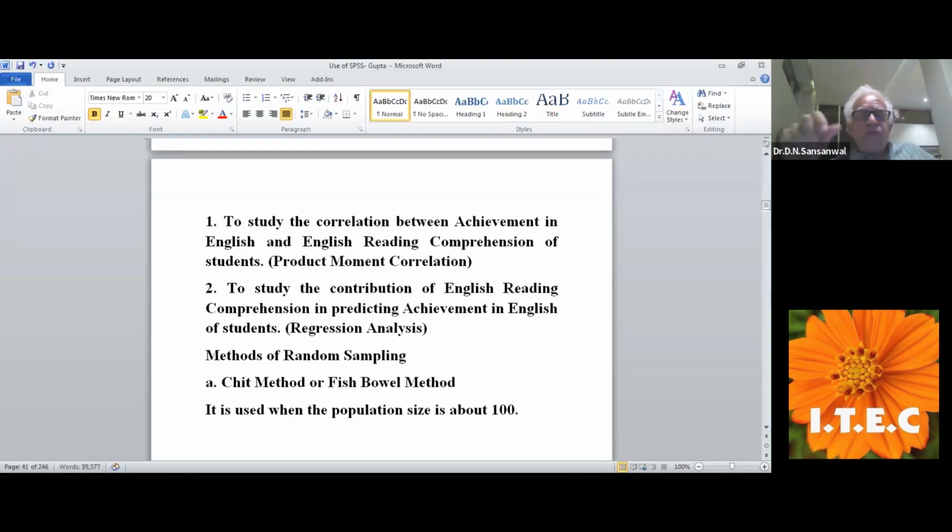Now, if you want to make the list for the names of the states of India, how many states of India? Only states, not union territories. How many states of India?